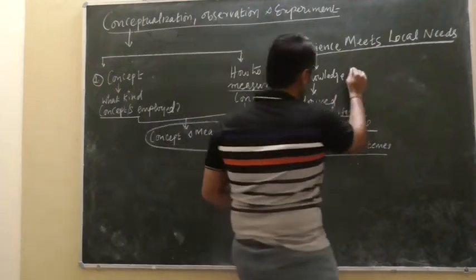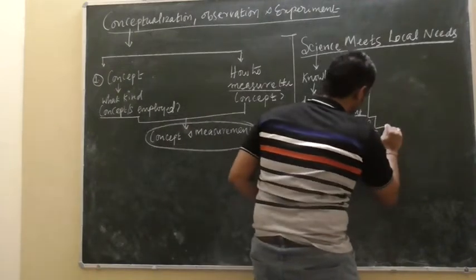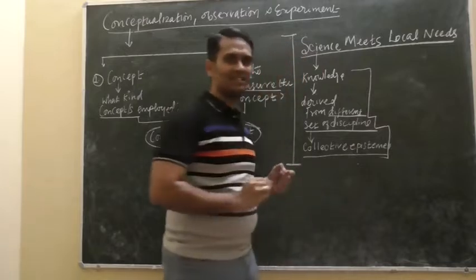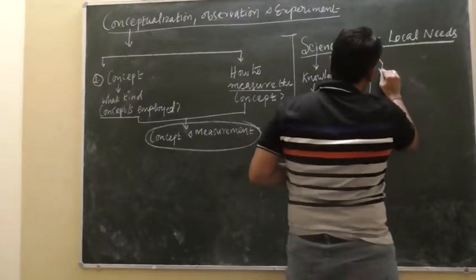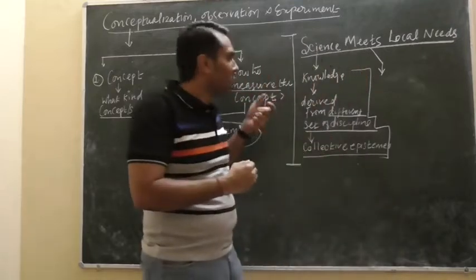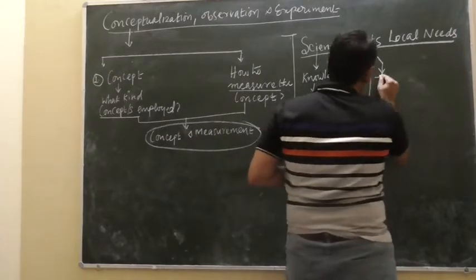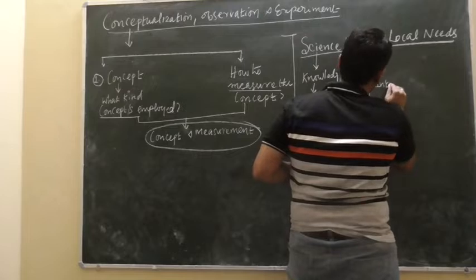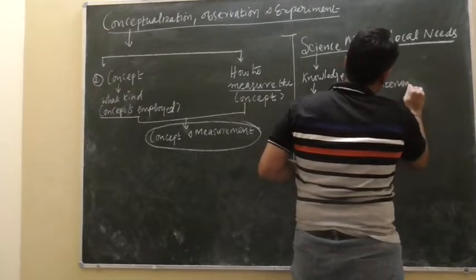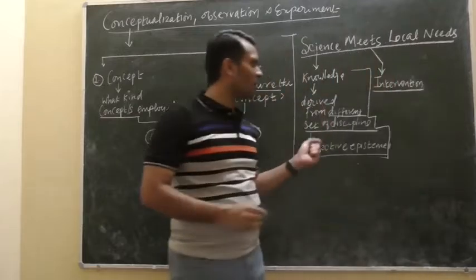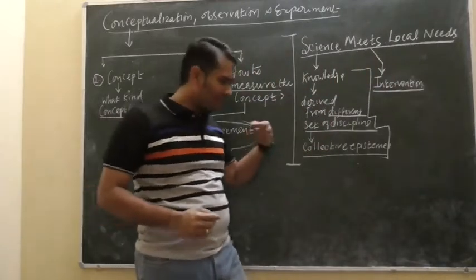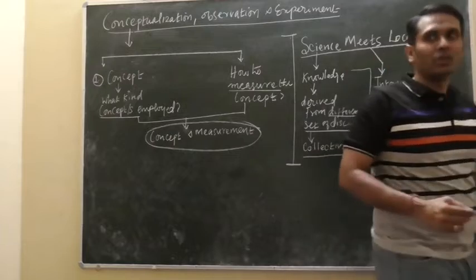Okay, the second one is that exactly what do I mean by the term meets. It's a kind of an intervention, or taking this knowledge to the place where it is exactly required.